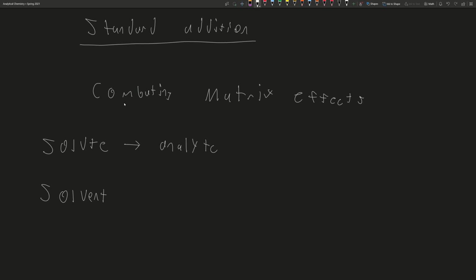But we could have multiple solutes in one solution, but we only care about this one solute, this one analyte.